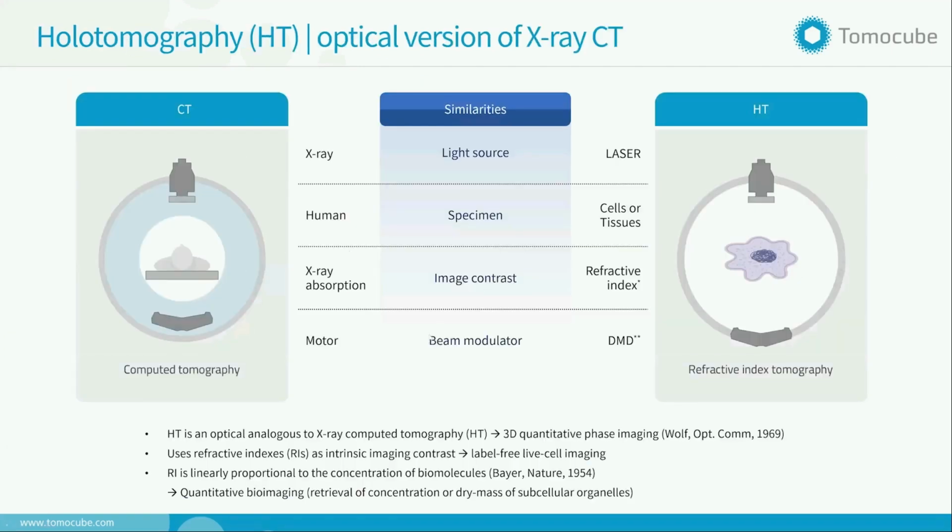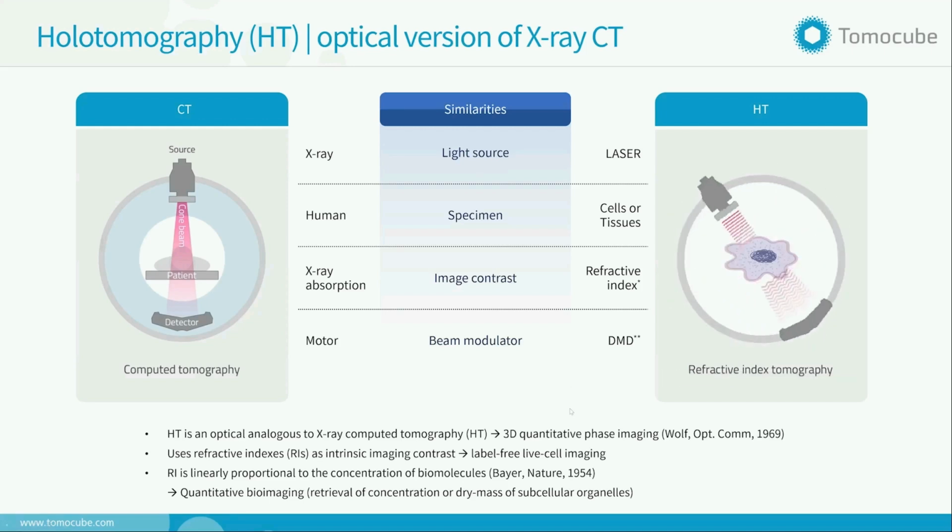The principle of the HT is the optical analog to X-ray computed tomography, X-ray CT. In CT, it measures multiple 2D X-ray projection images as a function of various illumination angles, from which you can reconstruct three-dimensional distributions of X-ray absorbability so that it can provide non-invasive tomographic visualizations of the internal organs. We can do the same thing with light.